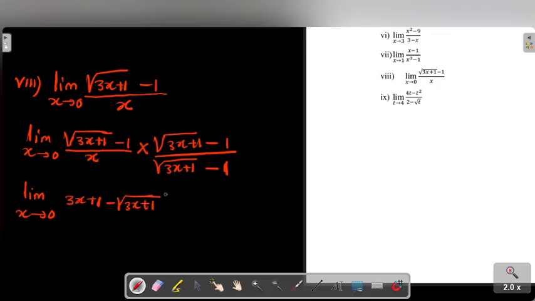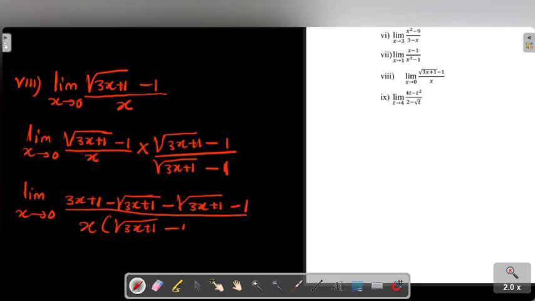Then again, negative 1 times root of 3x plus 1 will give us negative root of 3x plus 1. The negative 1 times negative 1 will be negative 1. Then we're going to divide this by x times whatever we have, which is root of 3x plus 1 minus 1. That's what we have so far.